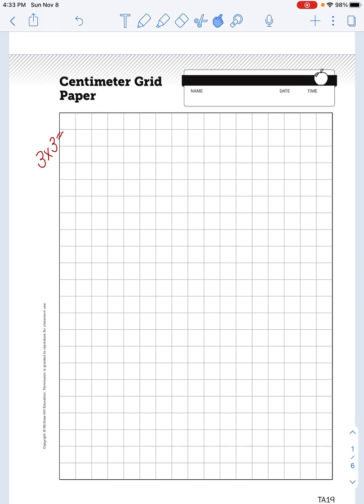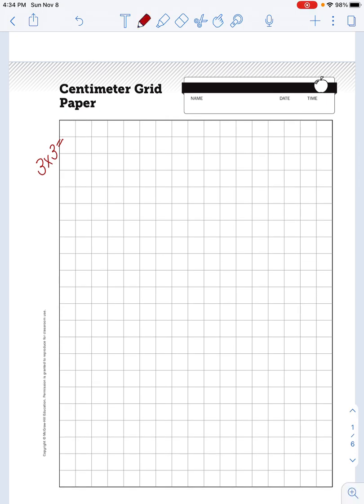We did arrays last unit, and I always made sure to say you need to have it look like a rectangle. There can't be any extras hanging off the side. When we made our arrays like this, you couldn't have just one down at the bottom without a pair to go with it.